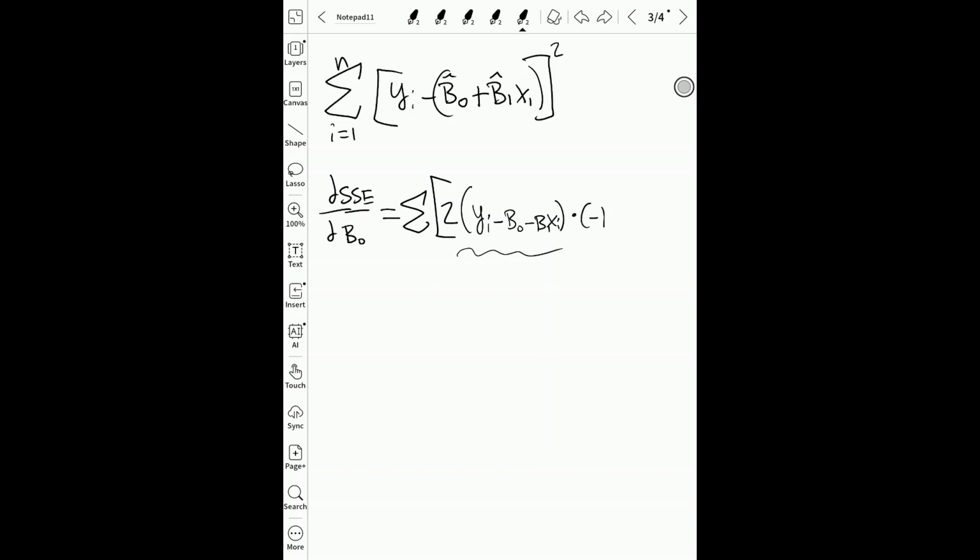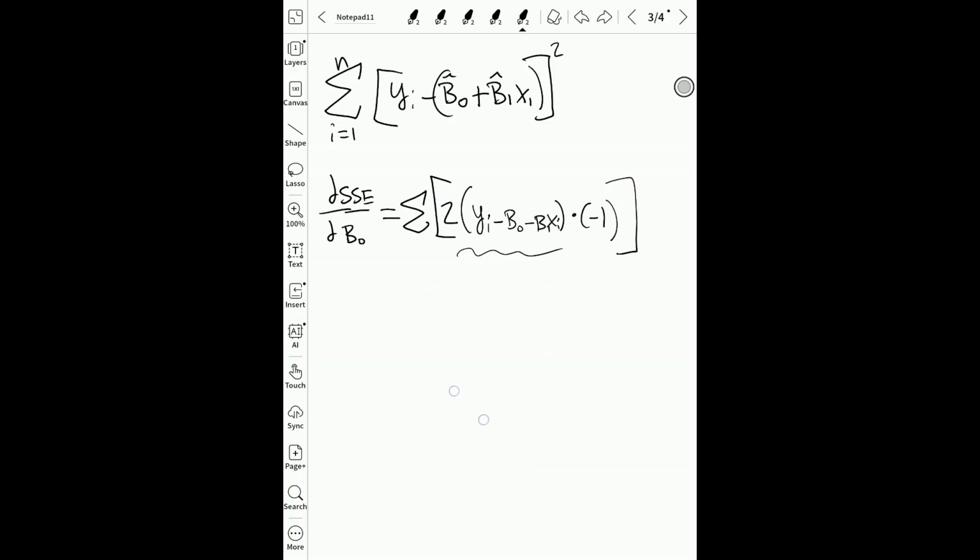Since we're doing the partial derivative with respect to beta naught, that's going to go to 1. And then plus beta 1 xi, that's all going to go to 0. So all that's left is a negative 1 where that beta naught used to be. This whole thing is the resulting first partial derivative with respect to beta naught.